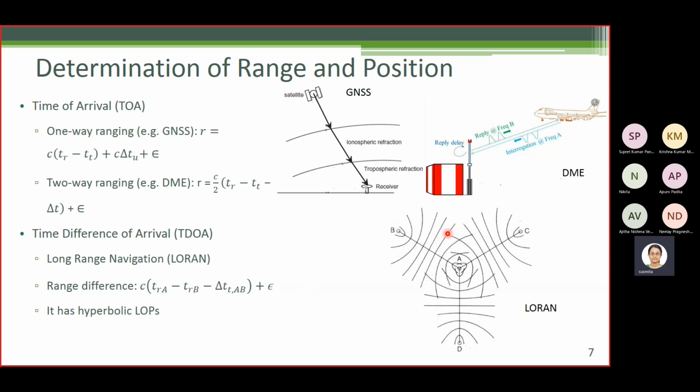So you just pick any of these, and then for any position of the user, the range difference between the two transmitters will be constant. The transmitters are at the foci. Okay, so this is as per the equation, the basic property of hyperbola.